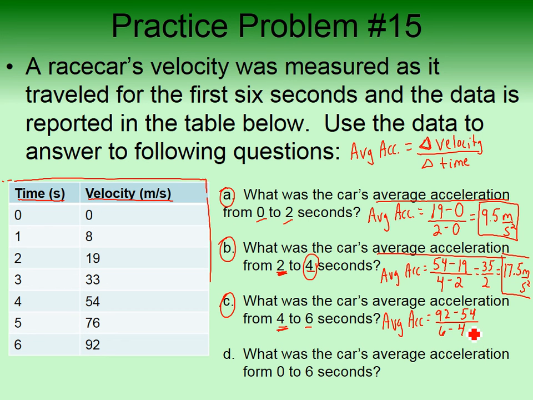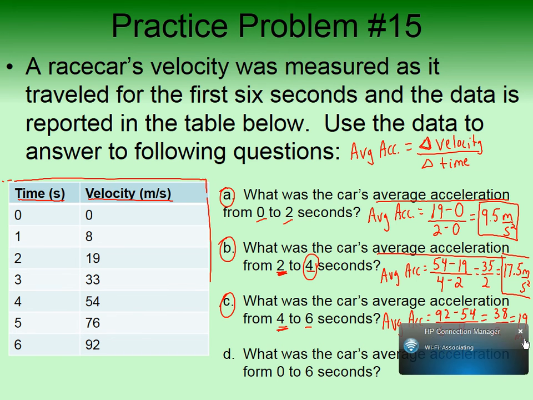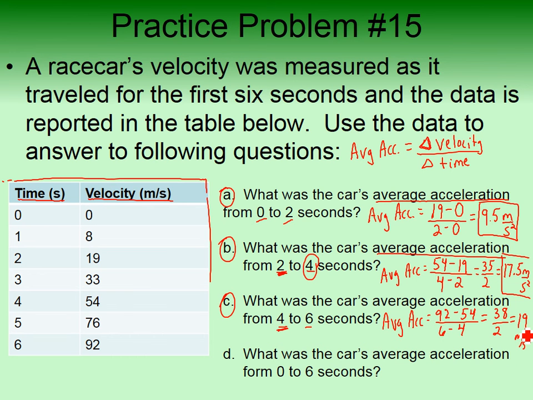So 92 minus 54 is equal to 38. Divide that by 2 is equal to 19. The units here are meters per second squared again. So 19 meters per second squared.